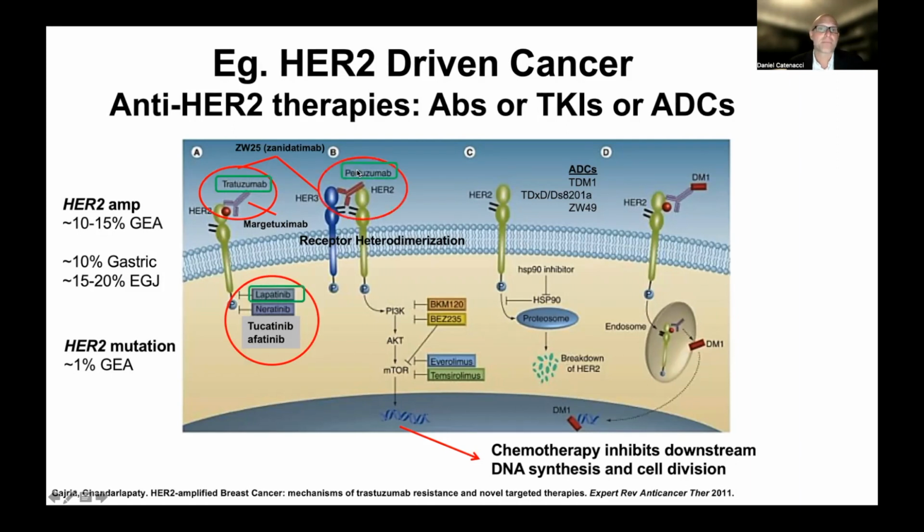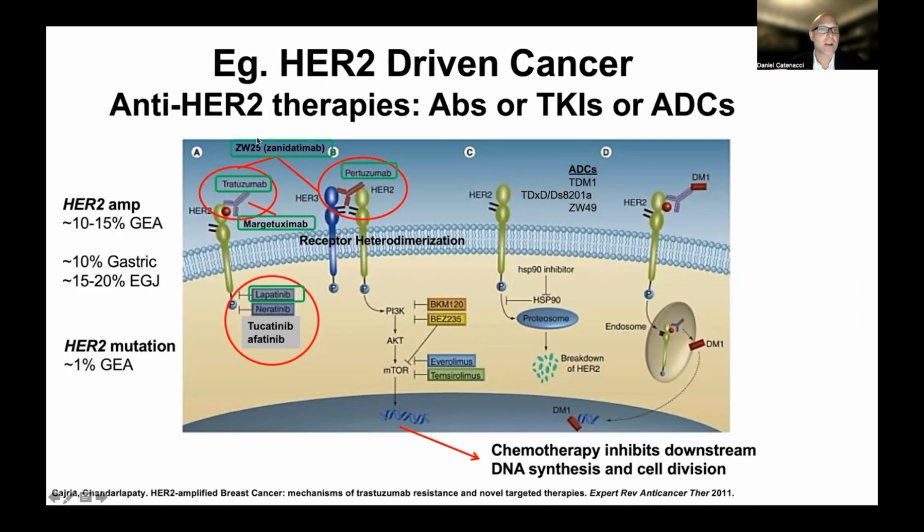We're going to talk about pertuzumab, which is an antibody that binds to HER3 and prevents this dimerization of HER2 and HER3, and we'll look at the study that evaluated pertuzumab. And then we are going to look at margetuximab, which is an antibody very similar to trastuzumab, but is engineered to enhance an immune response that we're going to talk about.